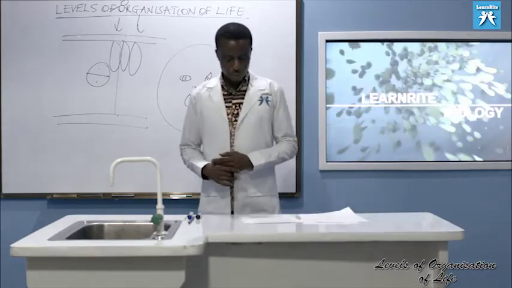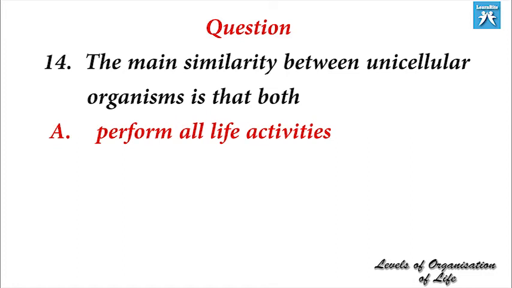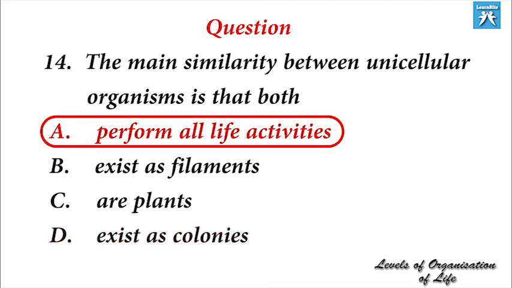The next one. The main similarity between unicellular organisms is that both A. perform all life activities. B. exist as filaments. C. are plants. No. D. exist as colonies. The similarity is that A, they perform all life activities.